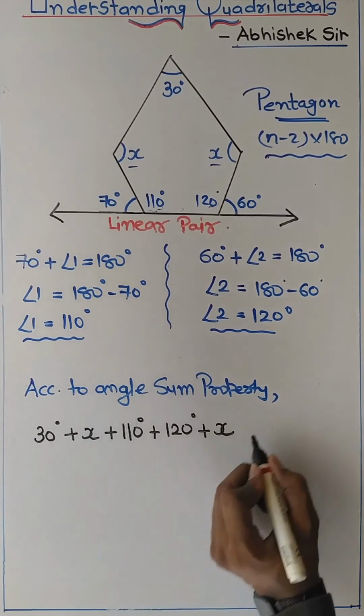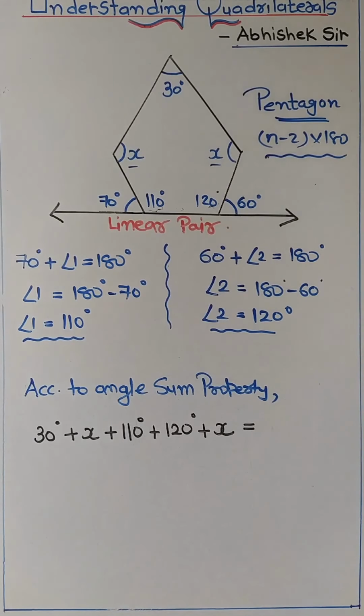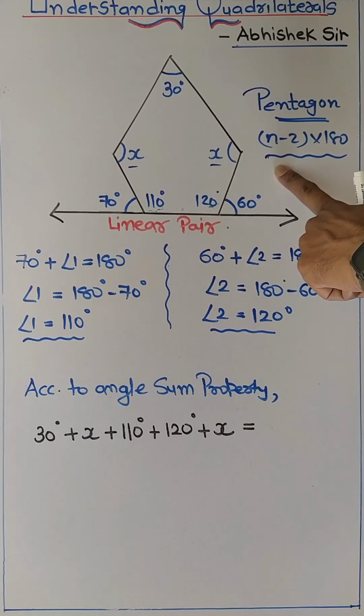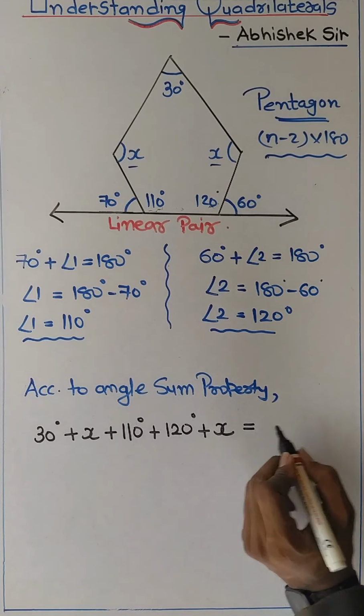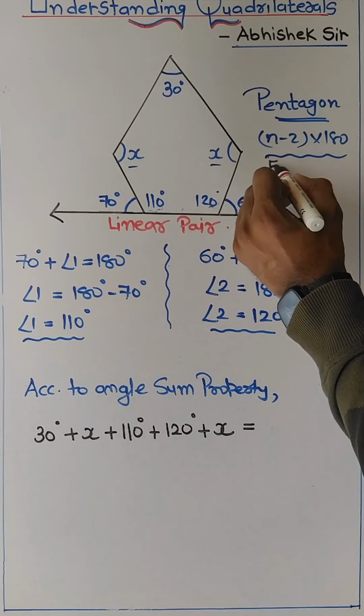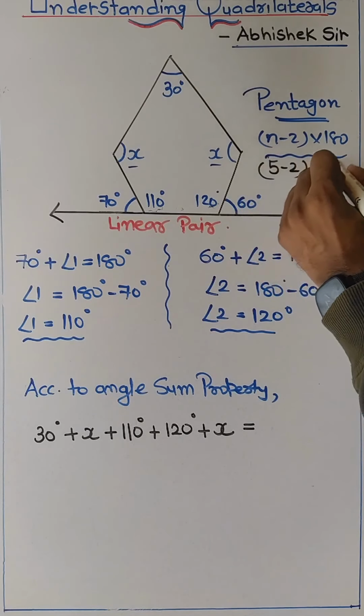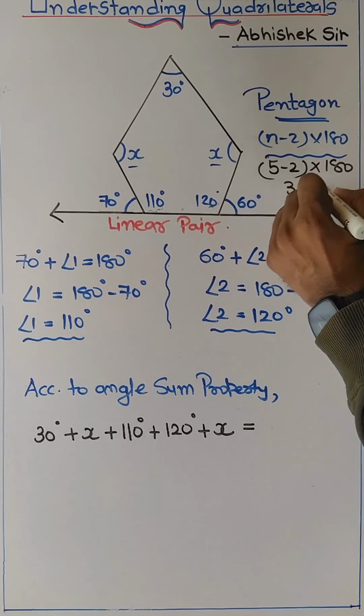So the 5 angles equal (n minus 2) into 180. What is n? Number of sides, right? So it is (5 minus 2) into 180. So that is 3 into 180.